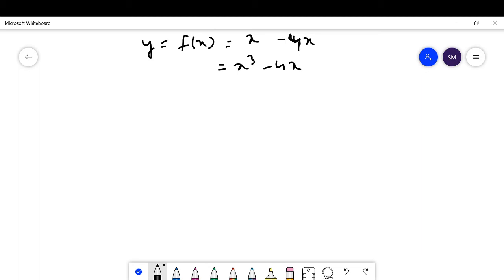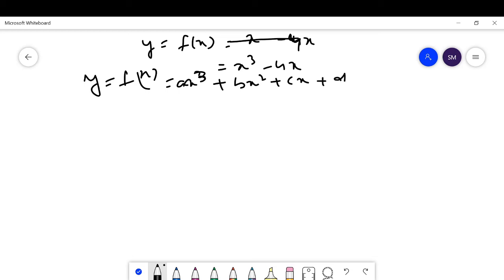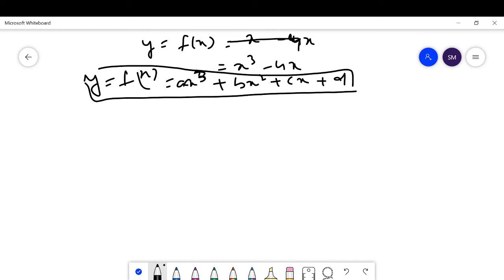A cubic polynomial is represented as y equal to f(x) equal to ax cube plus bx square plus cx plus d. Take an example and find out the graphical representation of a cubic polynomial.